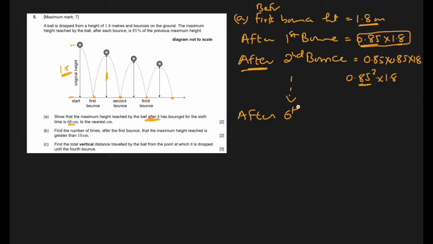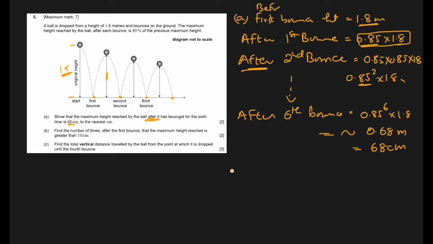After the sixth bounce, it will be 0.85 to the power 6 times 1.8. Put this in a calculator, and I'm sure this is going to be 0.68 because it is in meters. So we'll get 0.68 meters, which is equal to 68 centimeters.